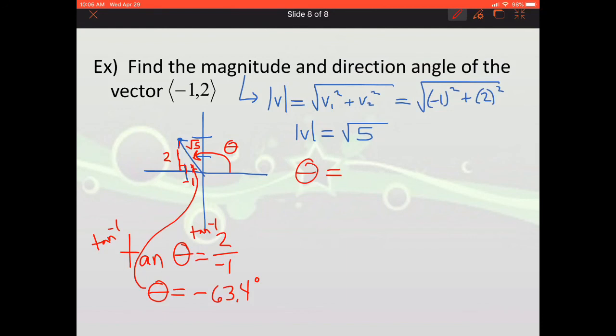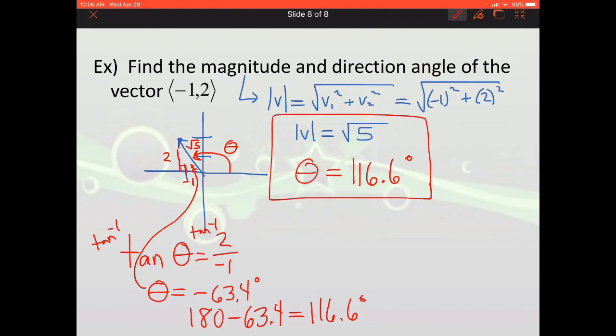So we want to do 180 minus 63.4, because that's how far it is away from 180. So we now know that it's 116.6 degrees when you subtract that. So now we have the magnitude and direction angle. This is not the only way to find the answers. You could have used that formula from the previous slide.